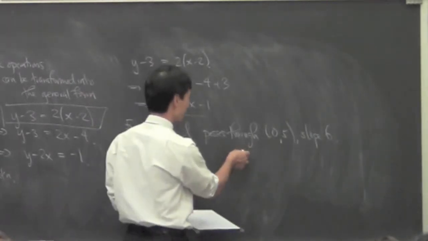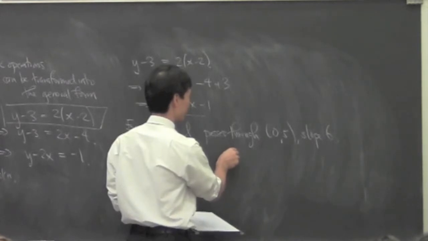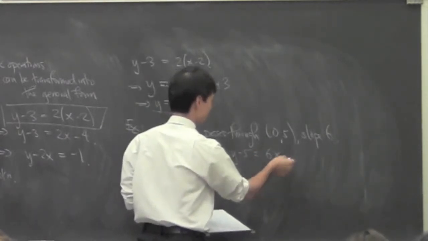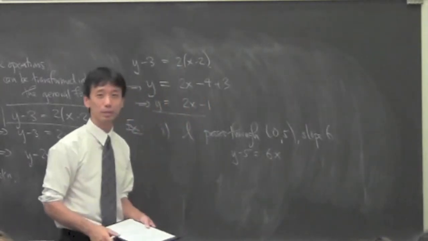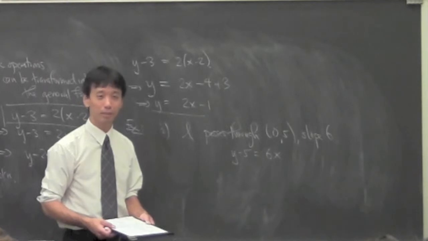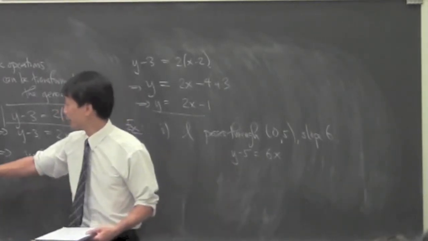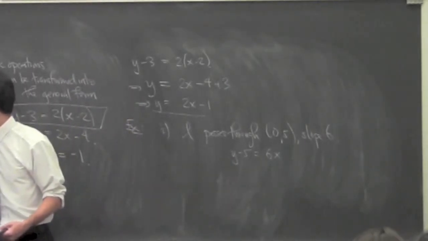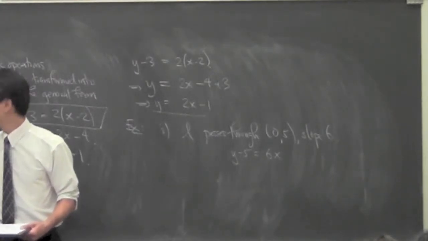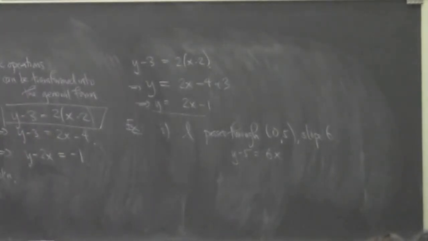What is it? y minus 5 equals 6 times x minus 0, by using the point slope form. Why? If you're given a specific point, x naught, y naught, then you can use this form to write it down.